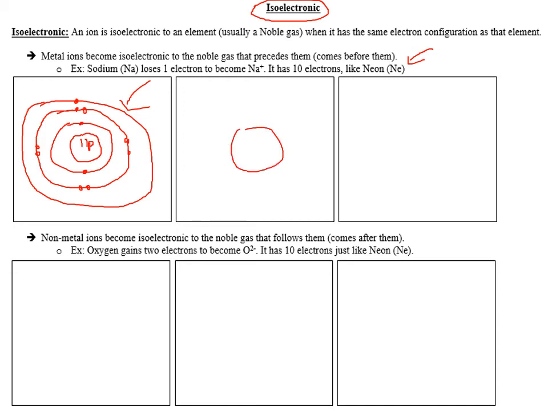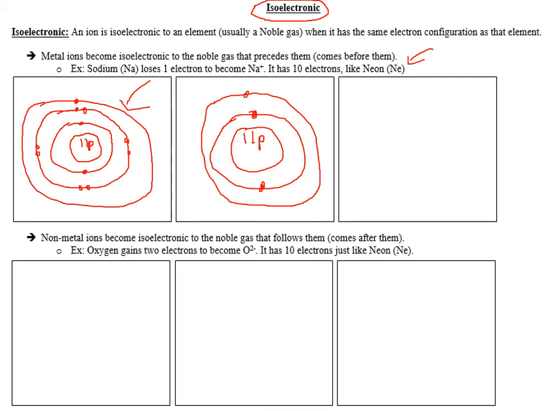So again, I'm just focusing on the protons right now. You need to draw neutrons when you're doing this. So rather than have 11 electrons, it's going to have 10 electrons now. With our positive 1 over here.